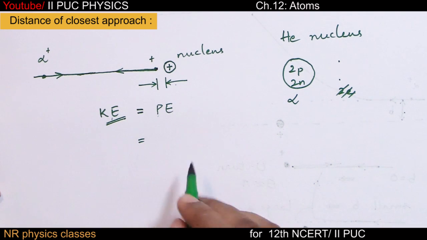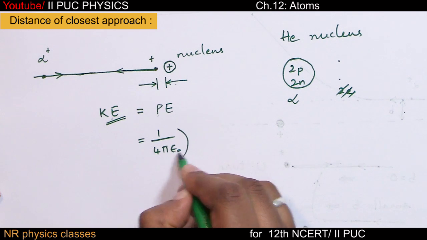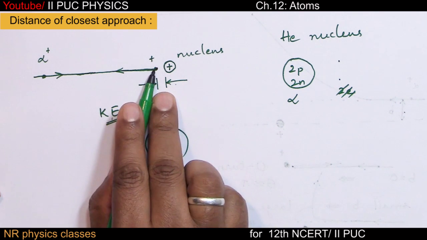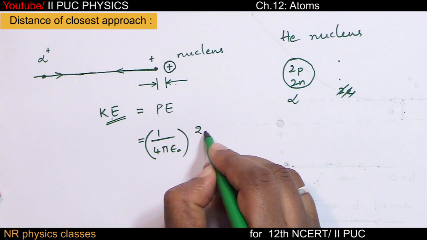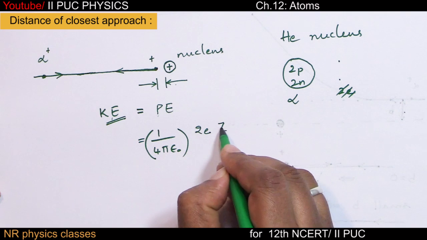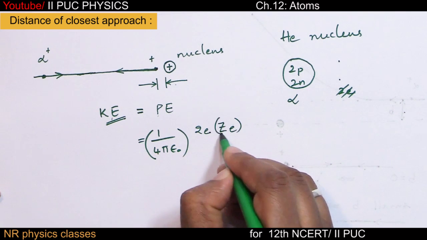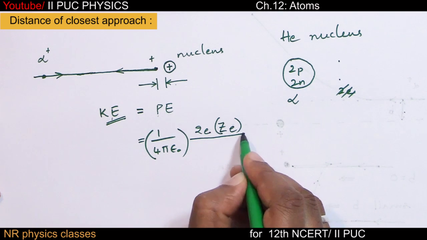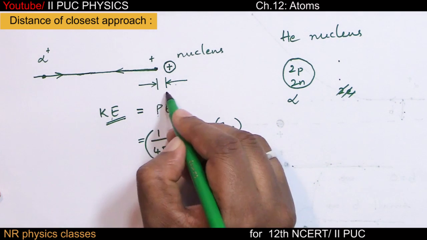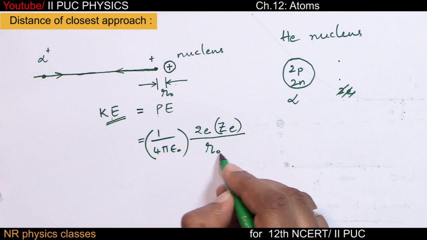And potential energy is 1 by 4 pi epsilon naught into the charge of the alpha particle, 2 times E, into the charge of the nucleus, Z times the number of protons times the magnitude of charge of the proton, divided by the distance of closest approach. Let us denote it by R naught.